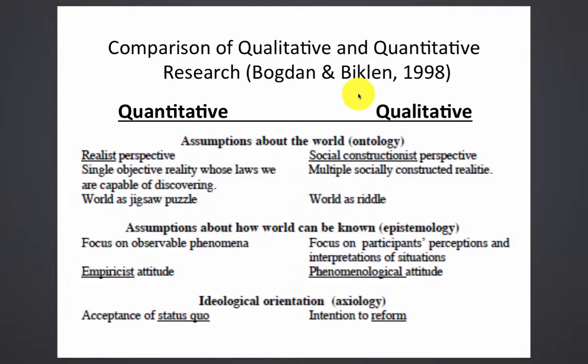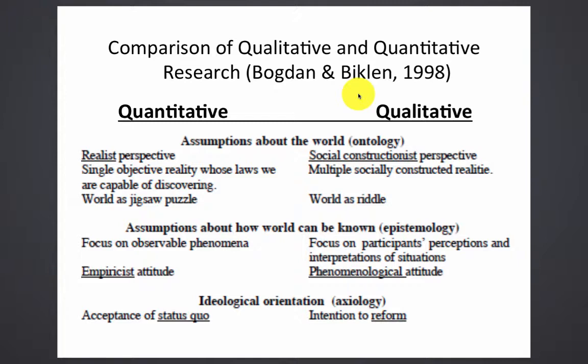And what that does is it allows you to understand where people are coming from, and the kinds of comments that you might hear said about each kind of research will become more understandable. And so, again, it's useful when you're being introduced to a topic to basically see how they compare and contrast. However, it's dangerous to assume that these are opposite ends of a spectrum.